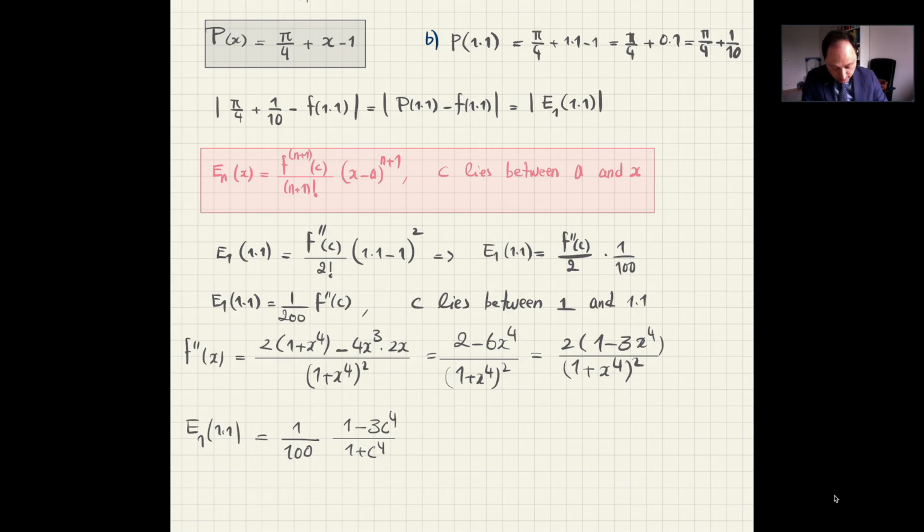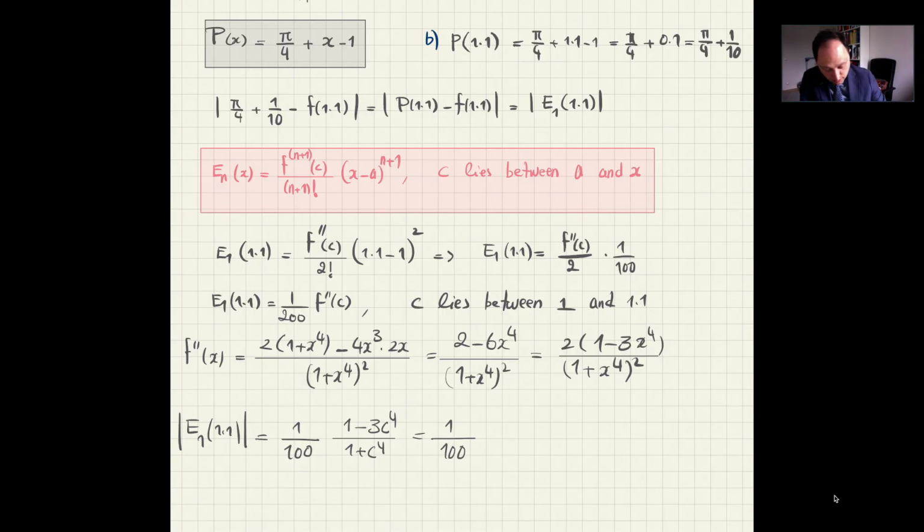And then when I take the absolute value of this, I also have to take the absolute value of the right hand side, but this is positive. This is positive, so the only absolute value that I have to put is there. So this becomes 1 over 100.